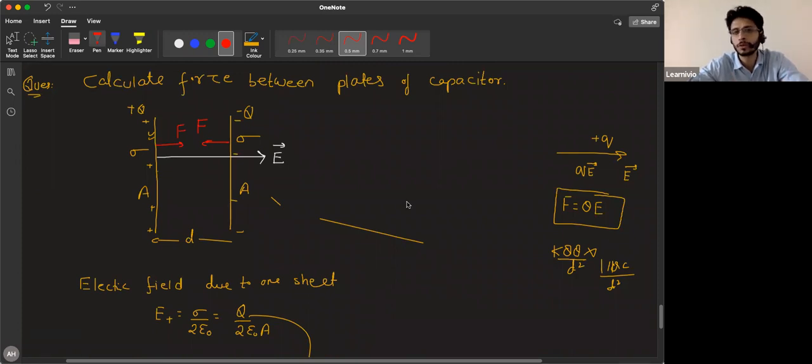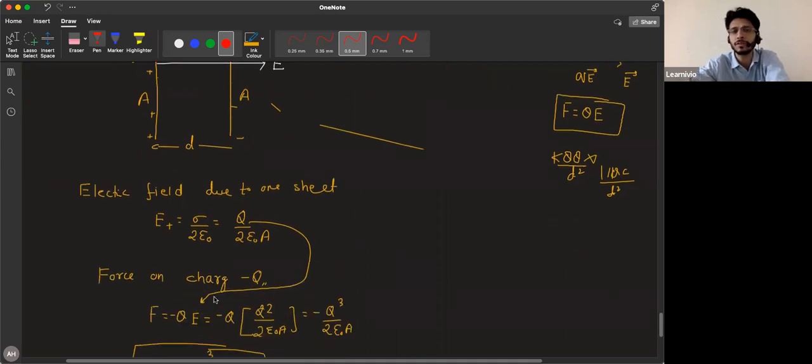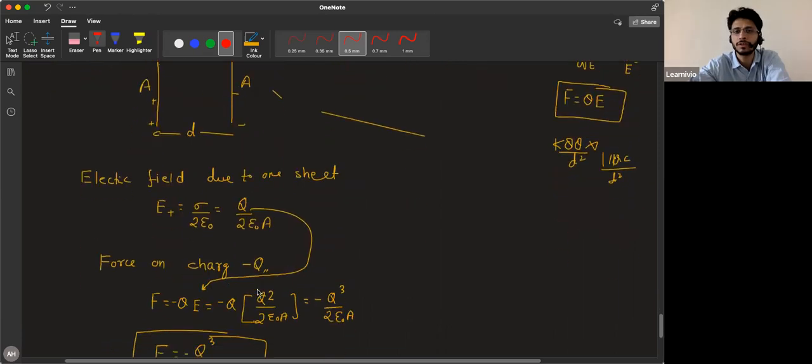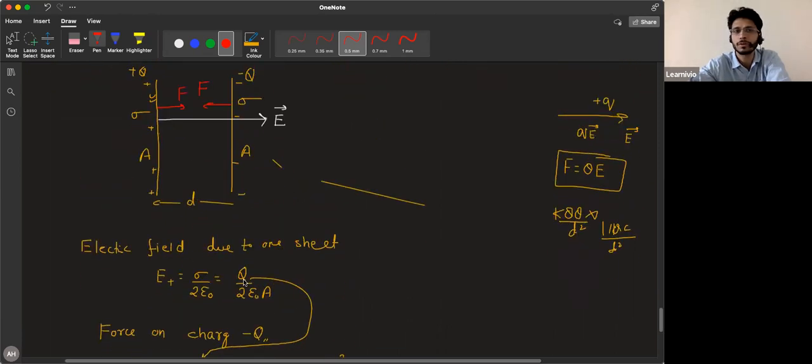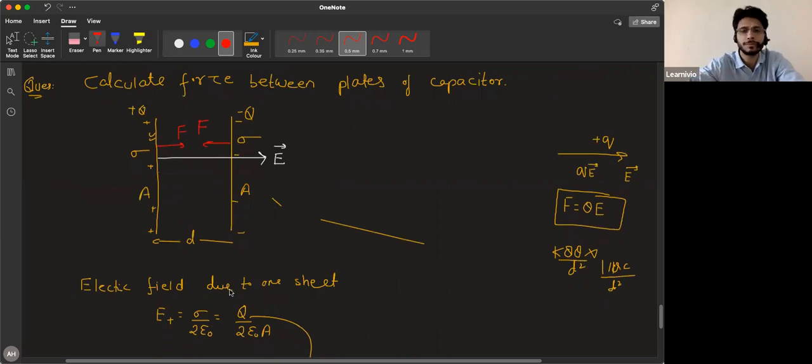I can't use Coulomb's law because plates are not point charges. So we calculate field due to a single plate, which is sigma by 2 epsilon naught, and sigma is Q by A. Then we use the expression that force is equal to QE, so I multiply this field with the negative charge, minus Q.